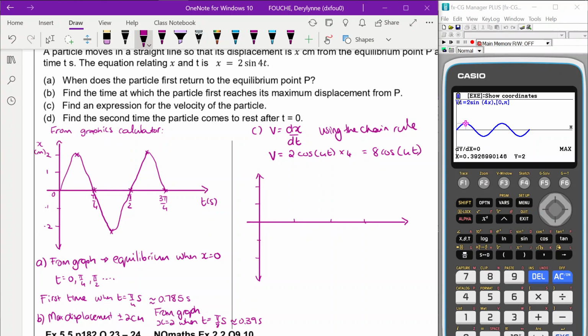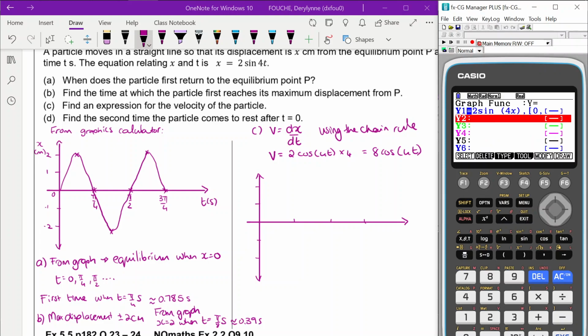Okay, then it says find the second time the particle comes to rest after t equals 0. So coming to rest means we are relating to the velocity function. Okay, so that means we want to graph the velocity function.